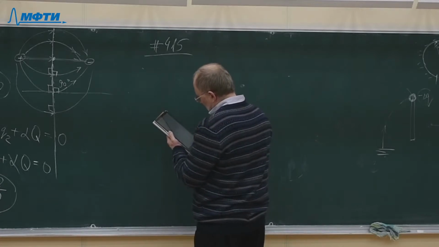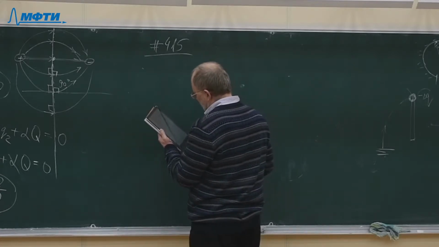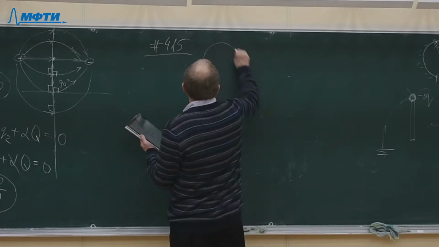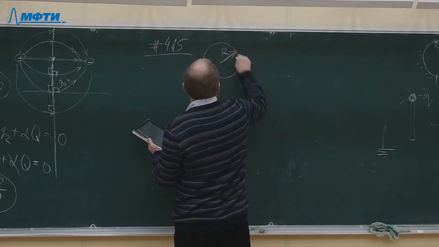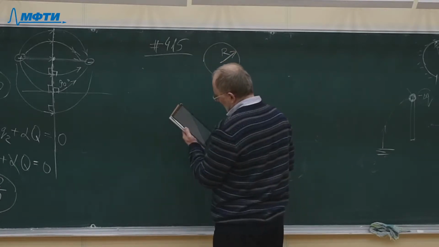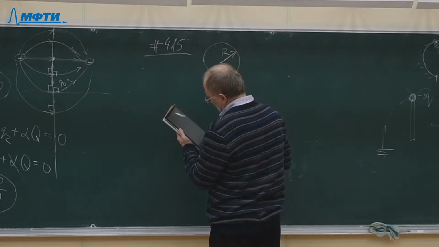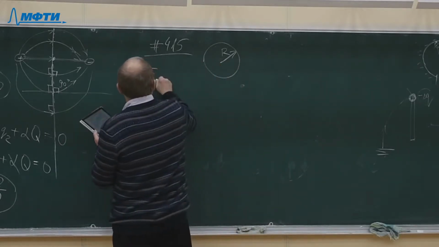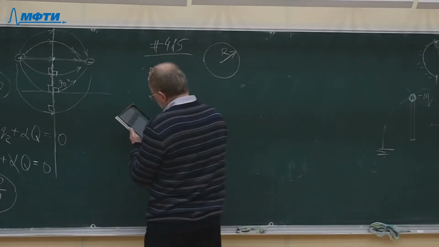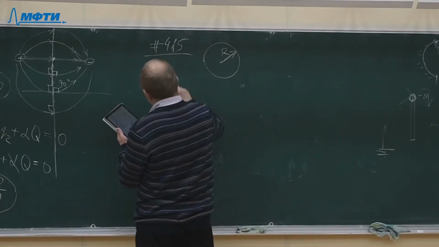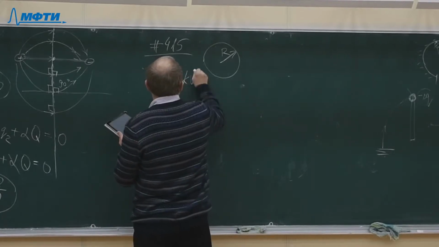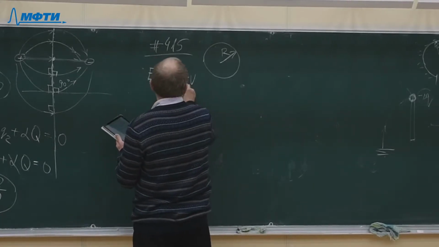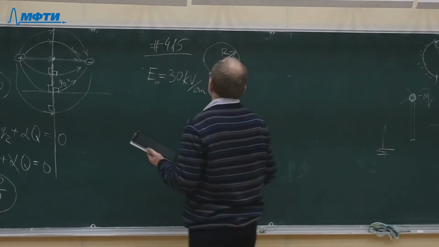It says, what potential can an isolated metal sphere with a radius r, so we have an isolated metal sphere with radius r, and it asks what potential can be accumulated in the air if the intensity of the electric field that causes a puncture in the air is 30 kilovolts per centimeter.